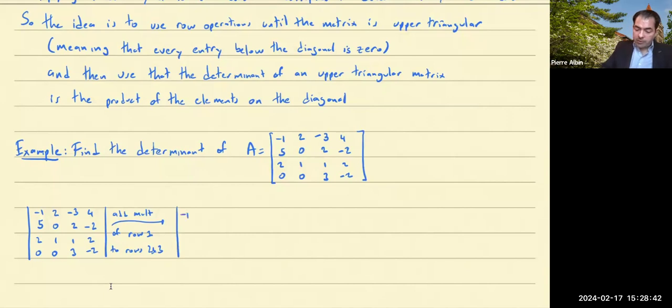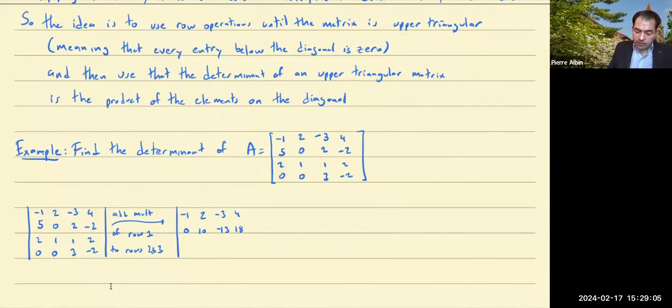So nothing is going to happen to the first row, right? The second row, what I'm going to do is multiply this row by 5 and add it to this one, right? So I'd end up with 0, then 10, then -15 plus 2 is -13. Then 20 minus 2 is 18.